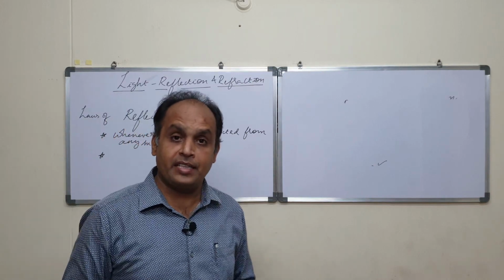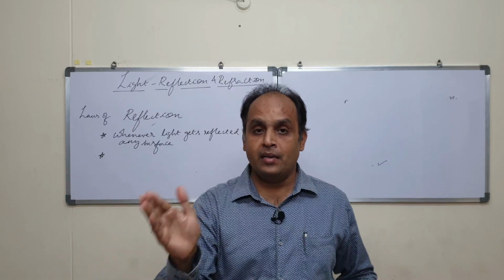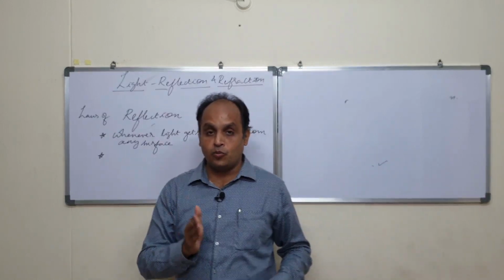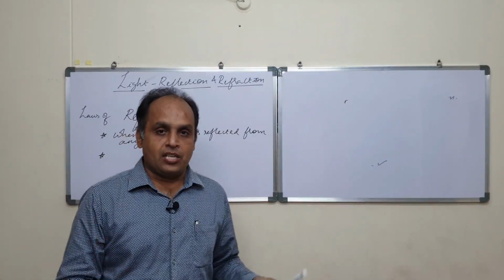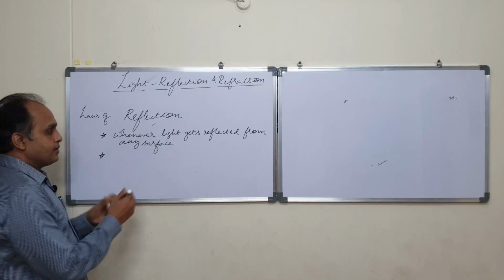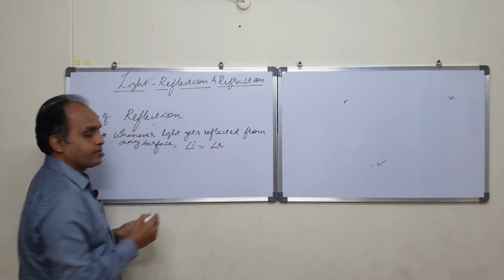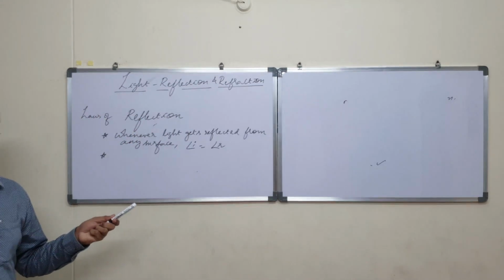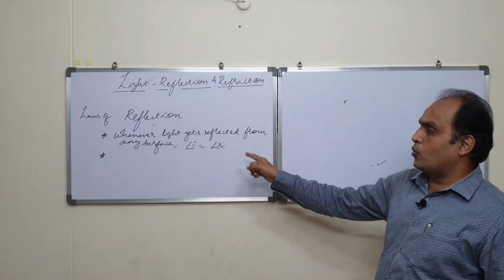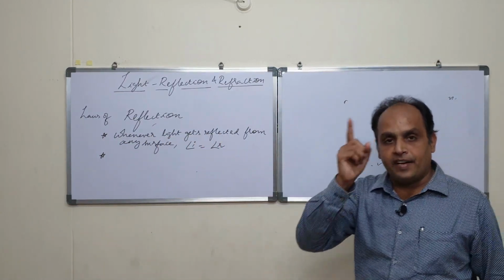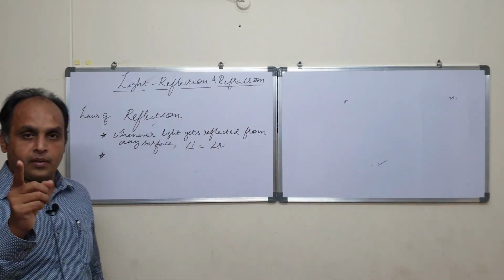Whenever light gets reflected from any surface, it can be plain, curved, rough, irregular or smooth, or even opaque, transparent, translucent, any surface. From any surface, the angle of incidence is always equal to the angle of reflection. That's the first and foremost law of reflection.